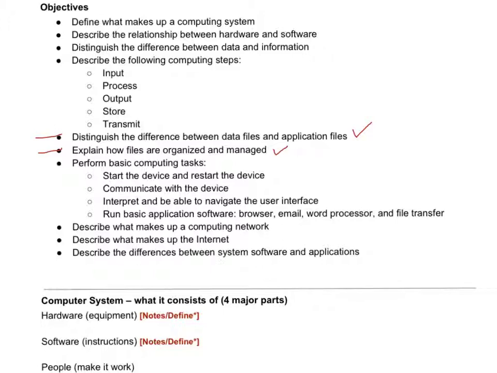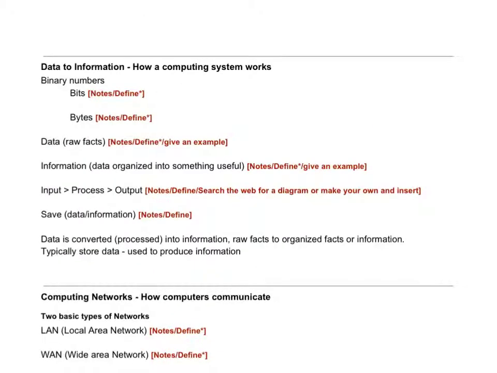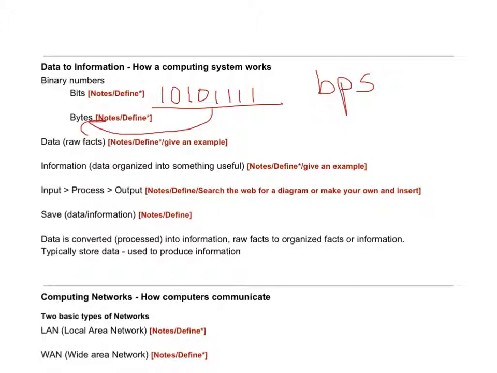Alright, so we've already covered binary numbers. We talked about bits, ones and zeros. A lot of times 8 bits gives us a byte of information. We refer to the speed that the bits move as how many bits per second moving between devices or between your computer and the network.